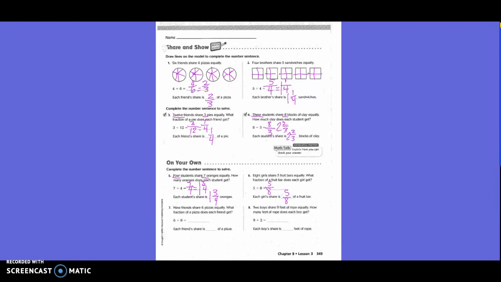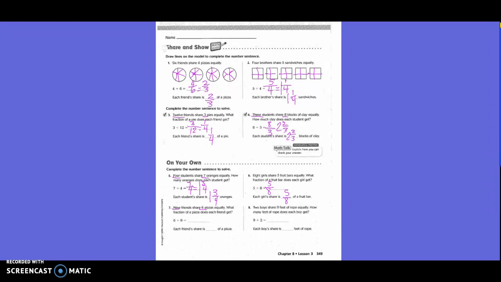9 friends share 6 pizzas equally. What fraction of a pizza does each friend get? What am I underlining? 9 and 6. So there's 6 total pizzas, and how many friends are they sharing it amongst? 9.